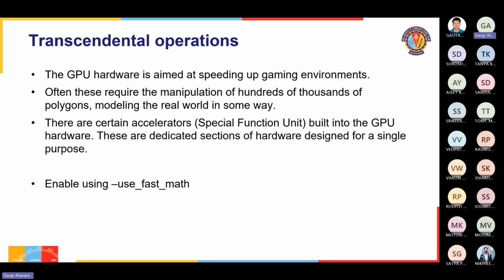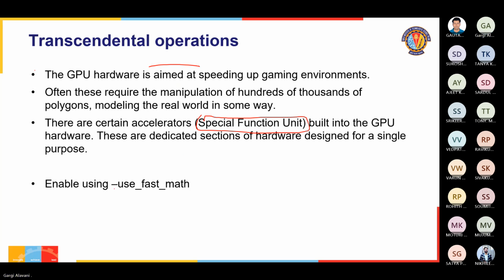You can use something known as transcendental operations, which are special operations available to you, which run on the special function unit built into the GPU and meant to do these specific functions. This dedicated hardware is optimized to do such computations much faster.